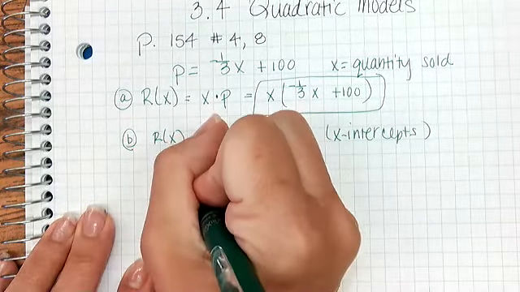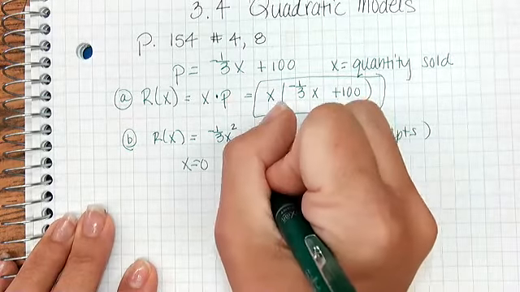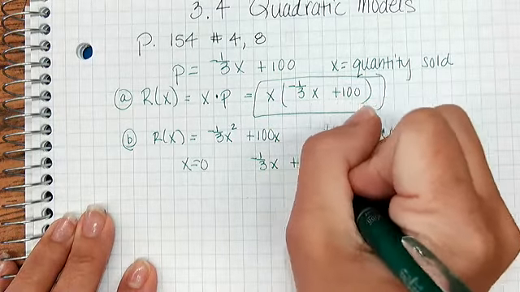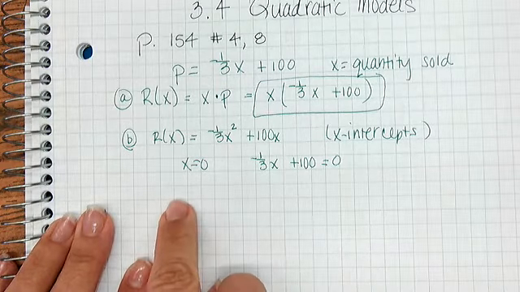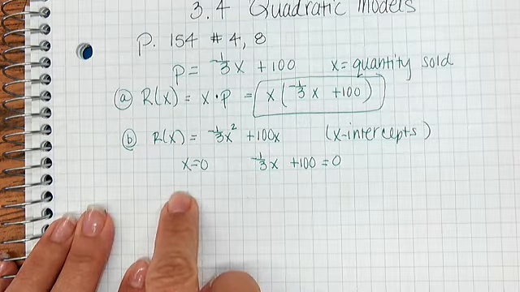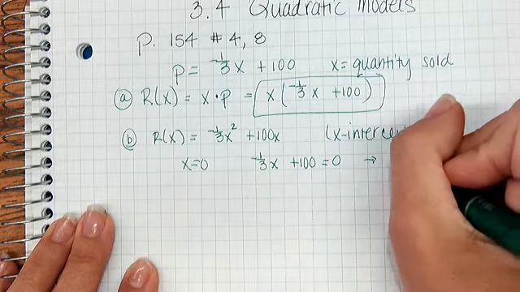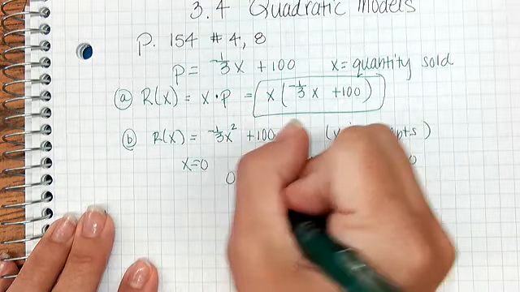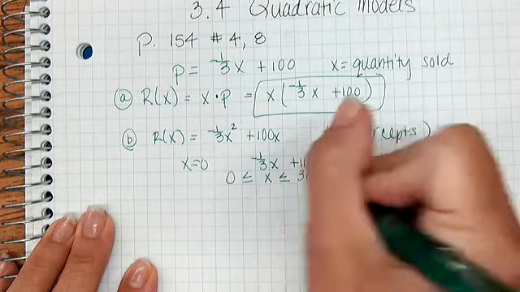So I'm going to have X equals 0, and negative 1/3 X plus 100 equals 0. Well, of course, X equals 0 is an intercept, right? You don't sell anything, you have no revenue. And then solving here, you would end up with 300. So your domain is 0 is less than or equal to X is less than or equal to 300.